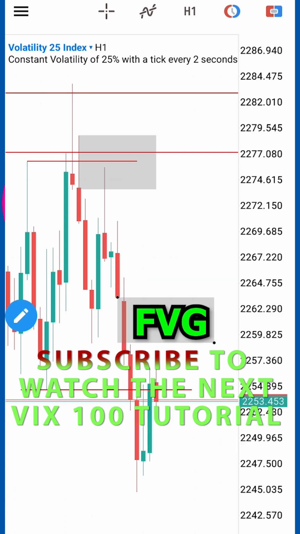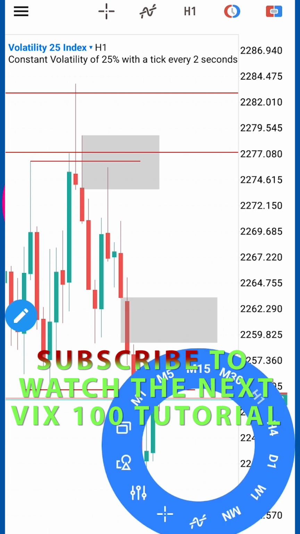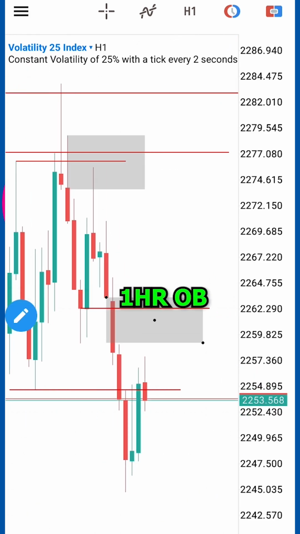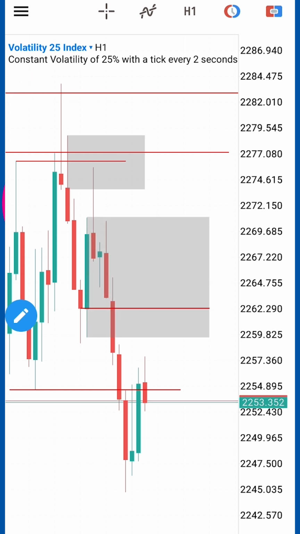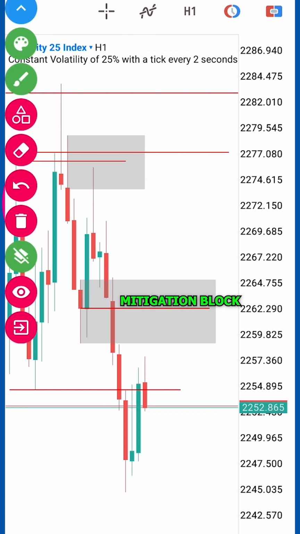Now when it was dropping down, price created a fair value gap, and we want price to return back and fill it while it hits the 1-hour order block. What's interesting right at that level is that at the 1-hour order block, there is also the 1-hour mitigation block.